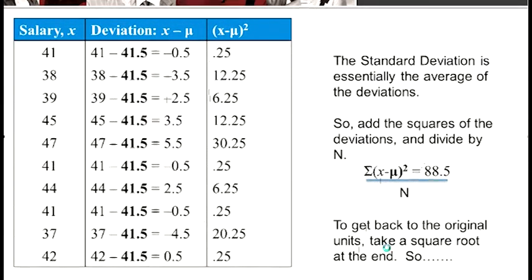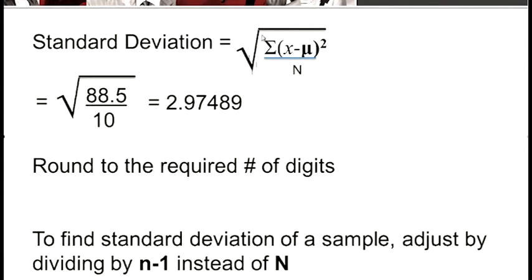So here is the formula for standard deviation. It is the square root of the sum of, in parentheses, each individual x value minus the mean, squared, and you divide that by n, which is the total number of data values.